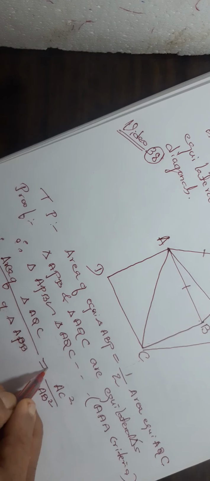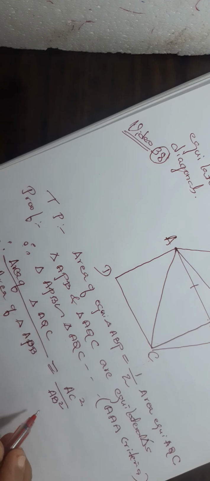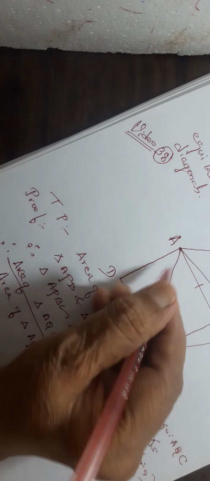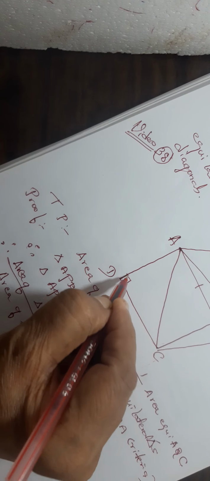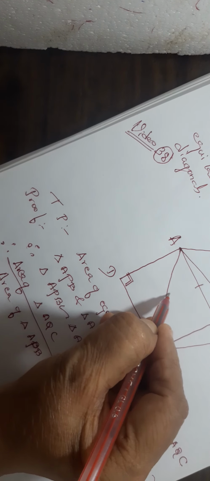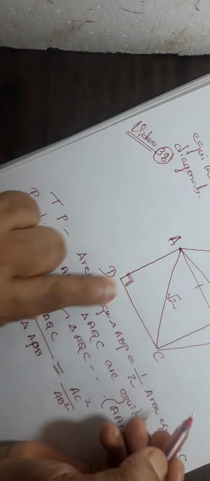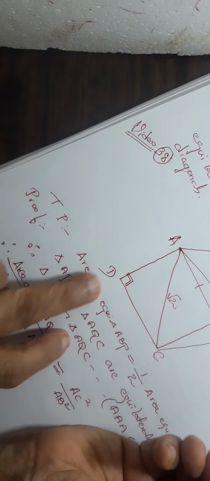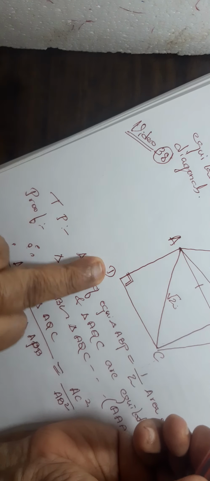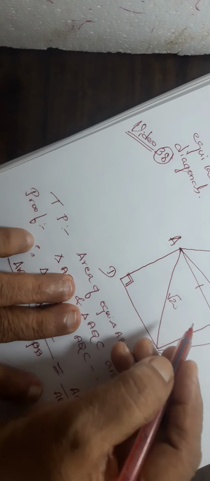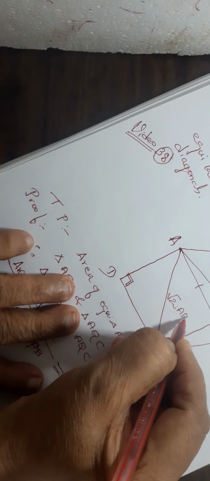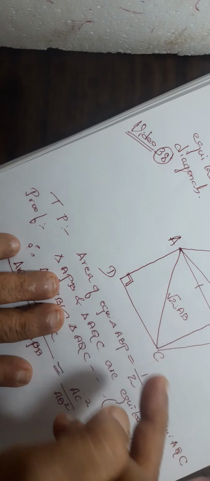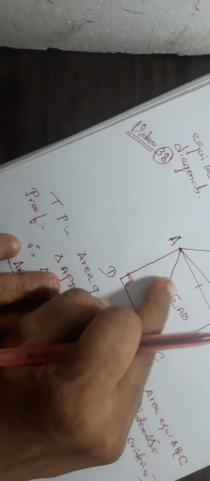Now you are going to learn something in the theorem of Pythagoras problems. Of course, not now, but you will learn it. This diagonal will be root 2 into the side. Side means I am going to take the side of this square, so I will take AB. Sides AD, CD, all four sides are equal.